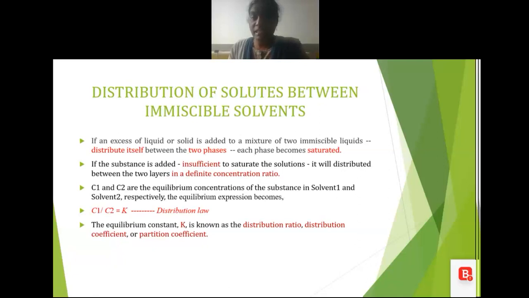It in turn indicates more numerator value means more organic phase. Organic phase contains more concentration of the substituent, meaning the substance which is added to the mixture is more concentrated in the organic phase.